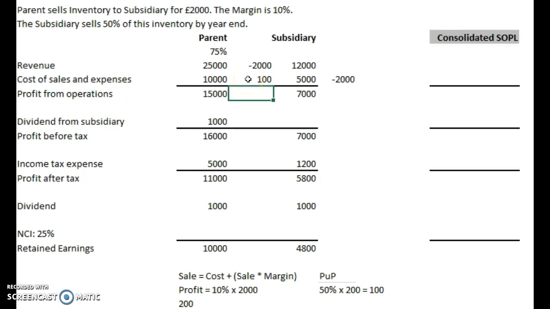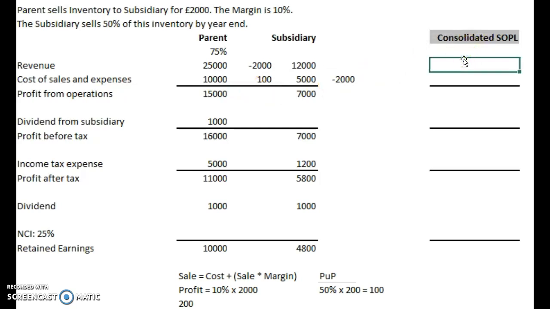And those are all our adjustments. We've adjusted for the transaction, those two £2,000 entries, and we've adjusted for the unrealised profit of the unsold goods. So £100 there. By increasing the cost of sales, we are in fact decreasing our profit.